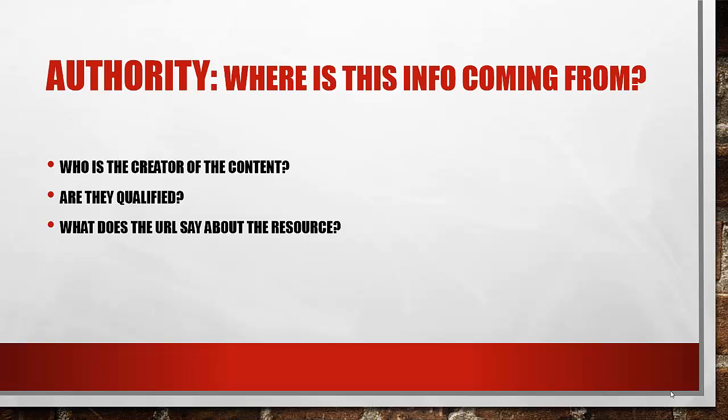Another thing is to look at the URL itself and see what that's saying about a certain resource. Does it come from a .com? Does it come from a .org? Does it come from a .gov website? Keep in mind that anyone can put up anything on the web.